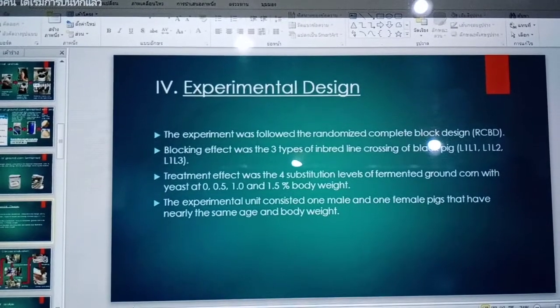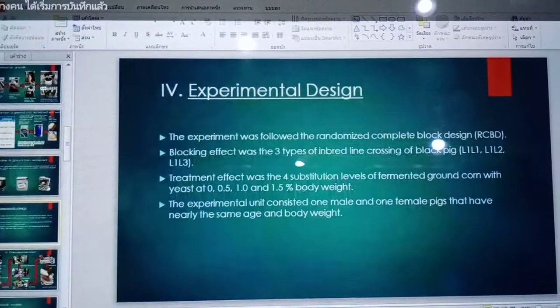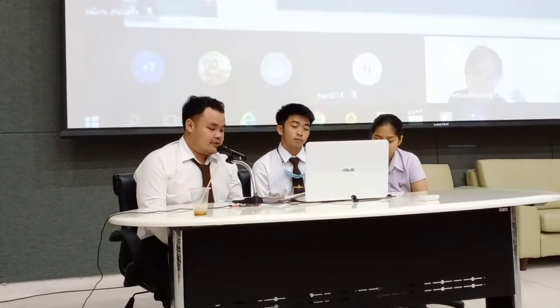The main effect was the level of fermented alcohol yeast. Each experimental unit consisted of one male and one female pig that had nearly the same age and body weight.